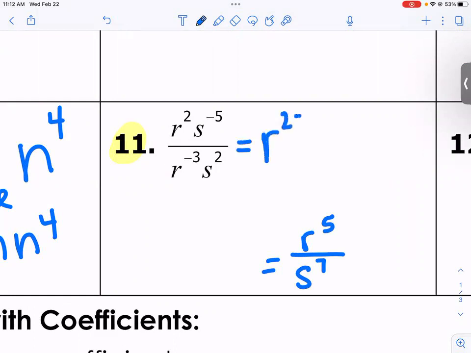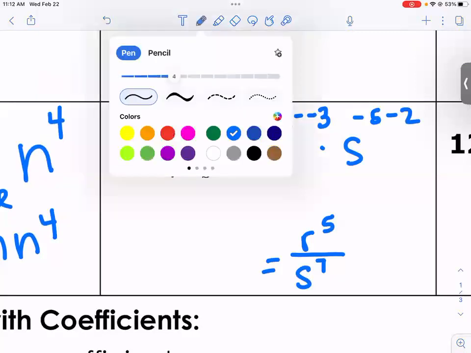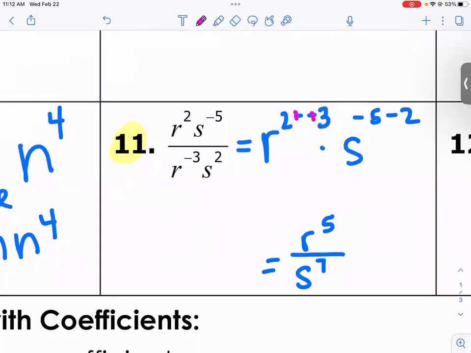So we have 2 minus negative 3 when we do this subtraction. And for s, we have negative 5 minus 2 when we do this subtraction. If we take 2 minus negative 3, what is that? Keep, change, change, that's r to the 5th. And if we take negative 5 minus 2, that gives us negative 7.